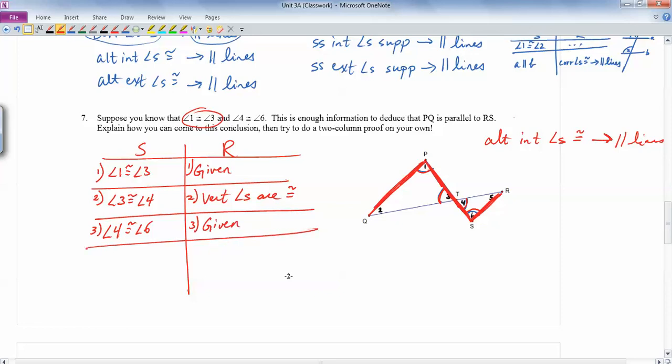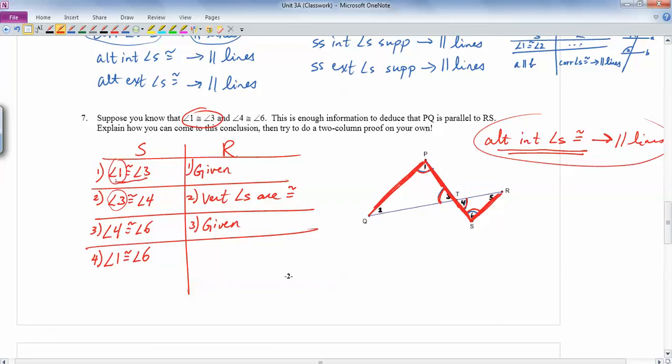Well, before I can just say that the lines are parallel, I need to specifically state which alternate interior angles I'm using. So that's 1 and 6. So first I have to say angle 1 is congruent to angle 6. Now the reason for that is anywhere that a 3 appears, I can replace it with a 1.